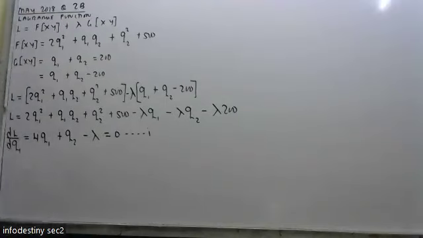Now, I would like you to differentiate with respect to Q2, and then you differentiate with respect to lambda again. You will get 3 equations, and then you solve them simultaneously.